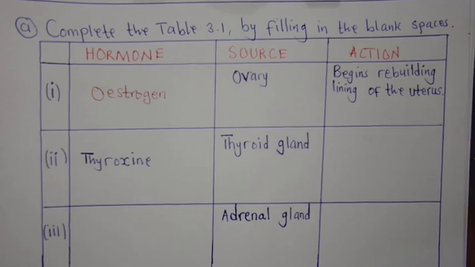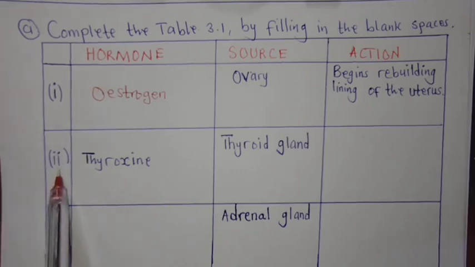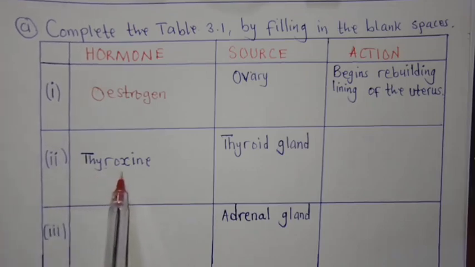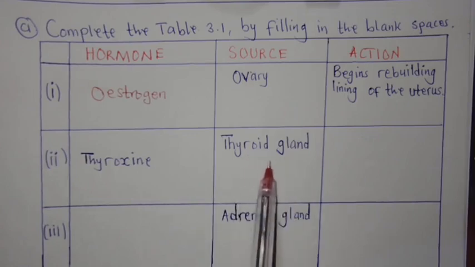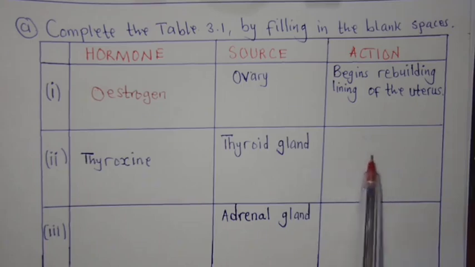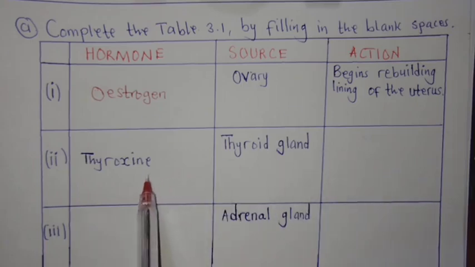menopause, okay? So we come to Roman numeral 2. Here we've got the thyroxin hormone that is produced by the thyroid gland. So what is the action, what is the function of this thyroxin hormone? Okay, so we know that the thyroxin hormone just stimulates the metabolic rate of what? Cells.